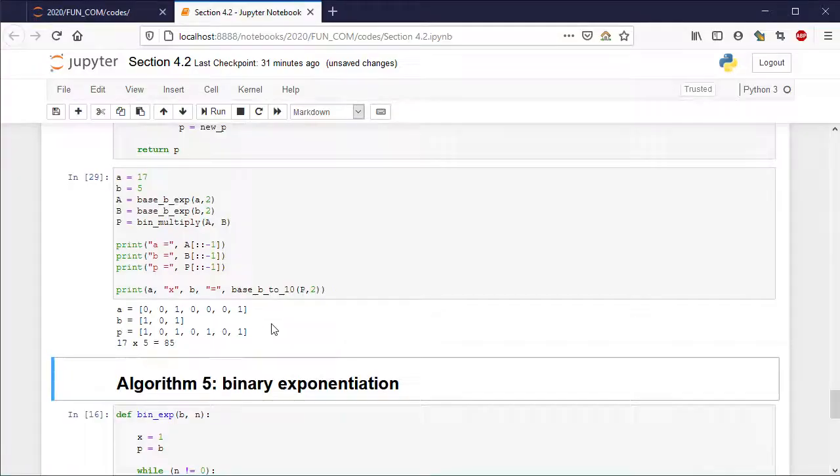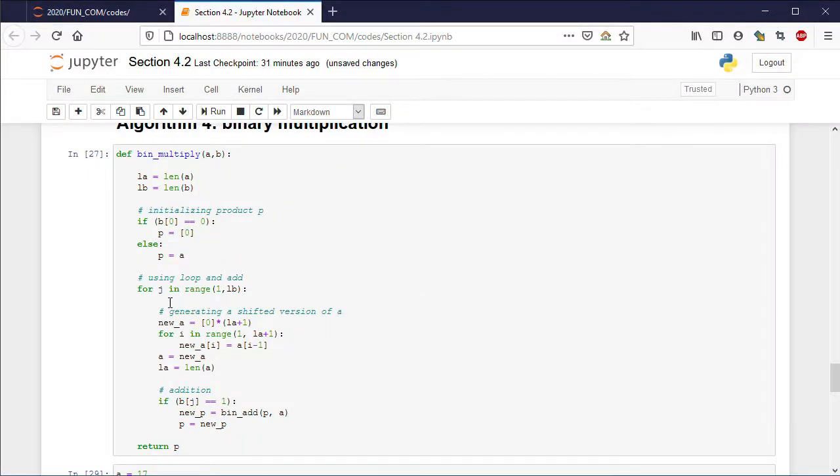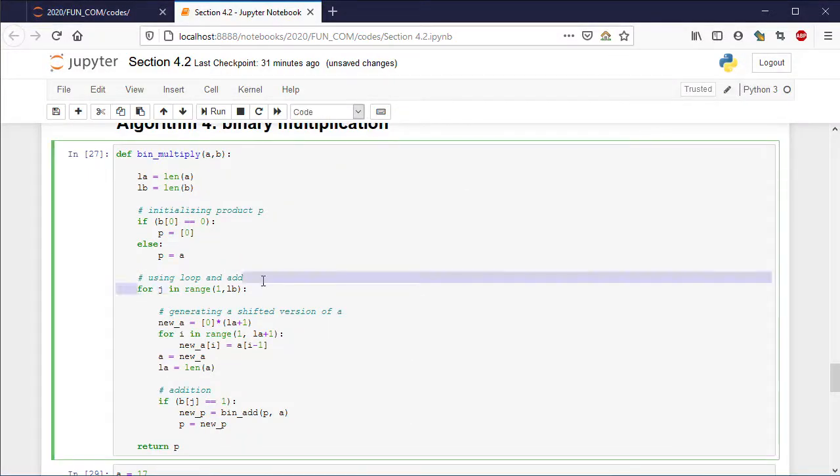This is because when we check this code, you're going to find that there is a single for loop over all the bits of B. And I already mentioned that it's a shifting operation.